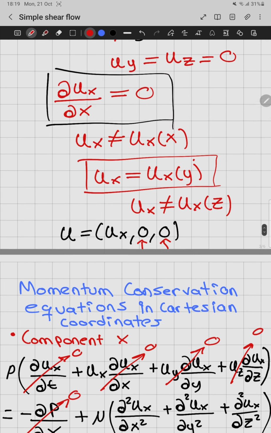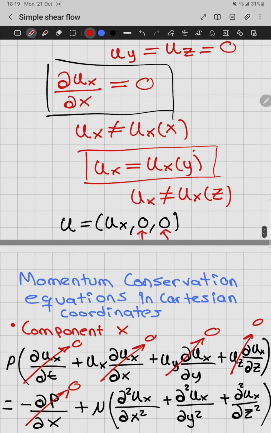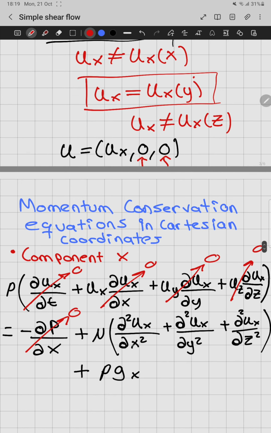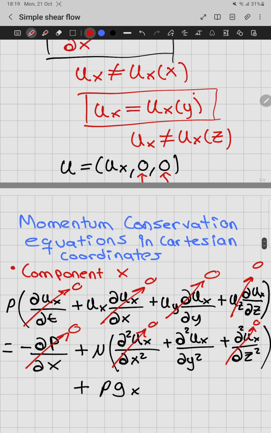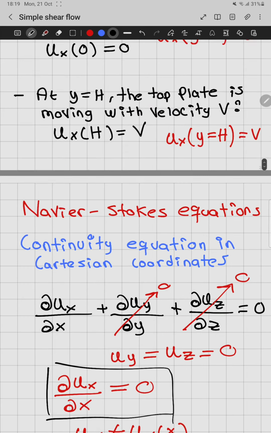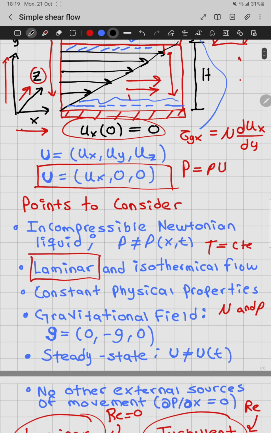Similarly, the first derivative of ux with respect to x is 0. So that means that the second derivative is going to be also 0. ux is going to depend on y, so this is non-zero, and ux doesn't depend on c, so this is 0. And the gravitational term, you remember we defined our gravitational field.